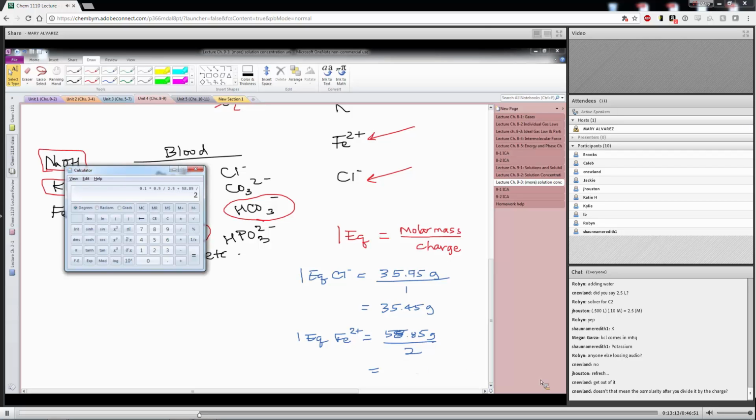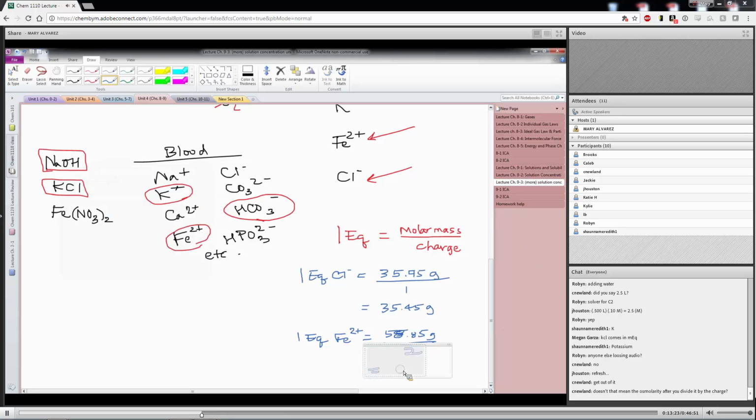Hang on, back up. 55.85 divided by 2 gives us a mass of 27.93 grams of iron 2+. That was Cl-.